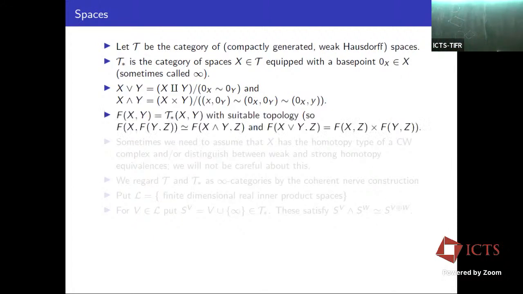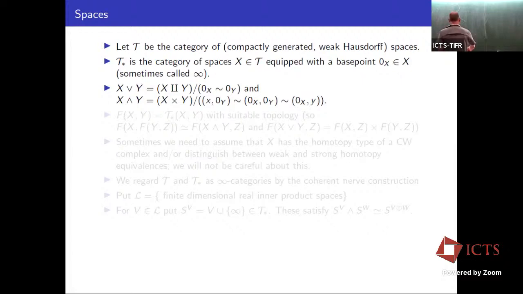And then X smash Y: you take the product X cross Y, and then you collapse out the axes. So here, X is like this with a base point there, and Y like this with a base point here.